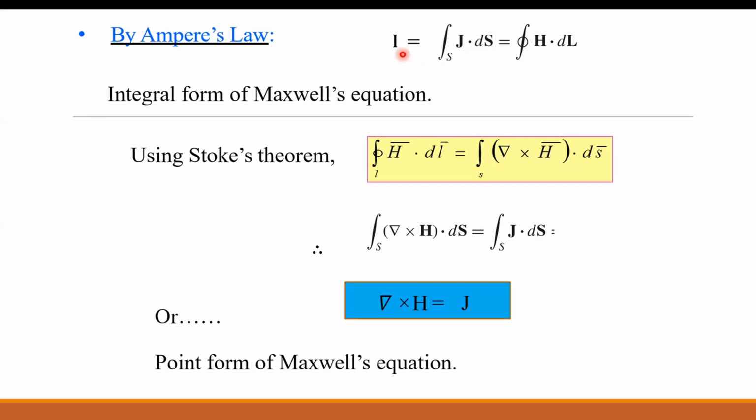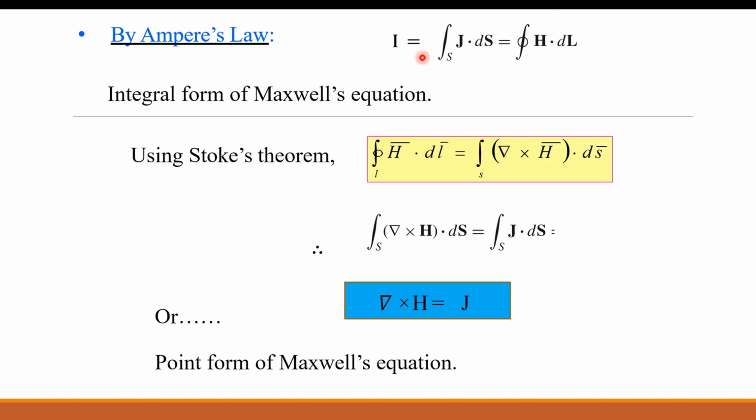So I is equal to surface integration or double integration of J bar dot ds bar, and that is also equal to closed line integration of H bar dot dl bar. So both things are related now, right? So this equation, H bar dot dl bar is equal to I, is integral form of Maxwell's equation.